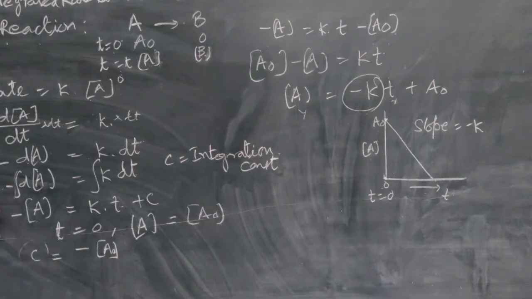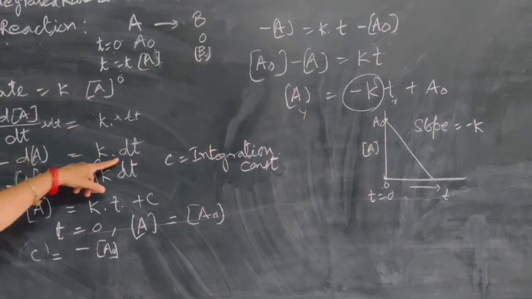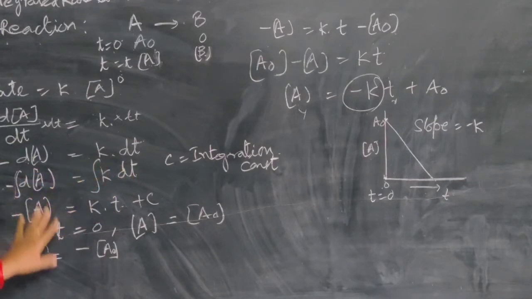So I am repeating. We write the differential equation for the rate law, that is minus dA upon dt equal to k, and then dt from here. Either you can multiply it or simply transpose it, both are the same.